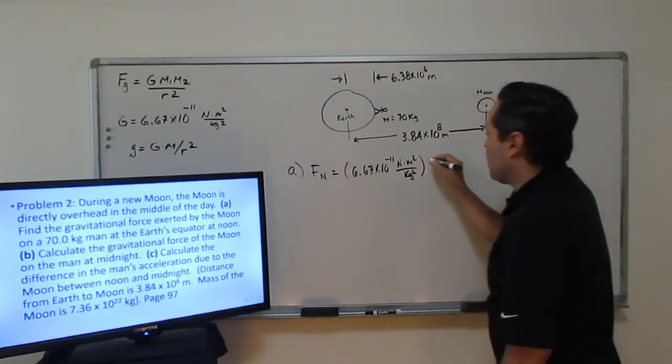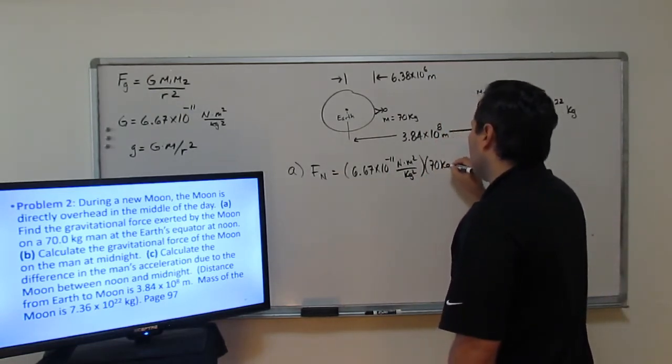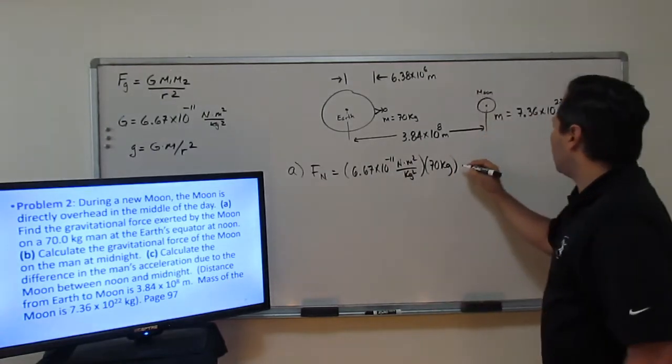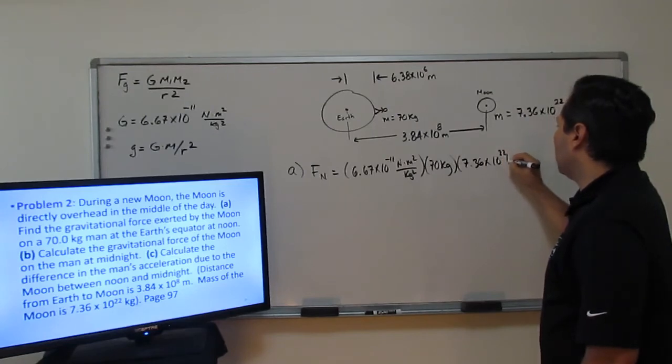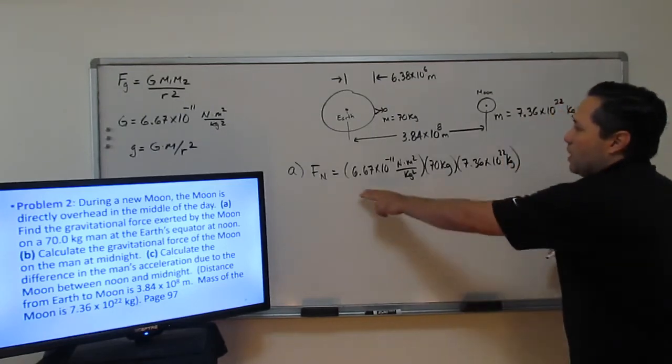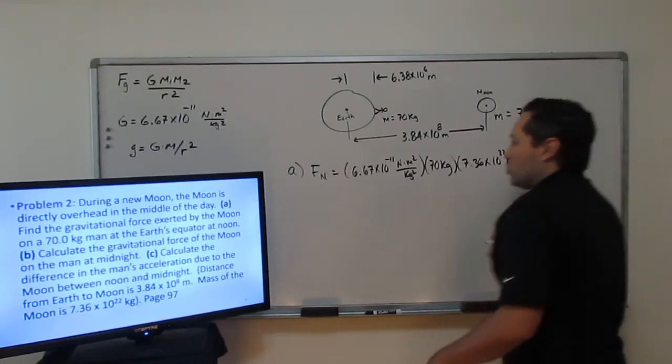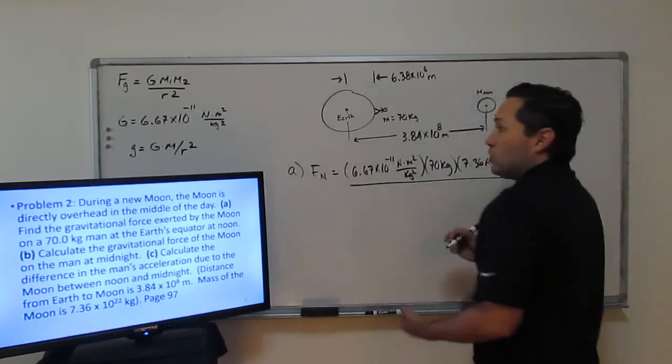We start with the mass of the man at 70 kilograms. Next is the mass of the moon, which is 7.36 times 10 to the 22 kilograms. And all of it is going to be divided by the radius, which is squared.